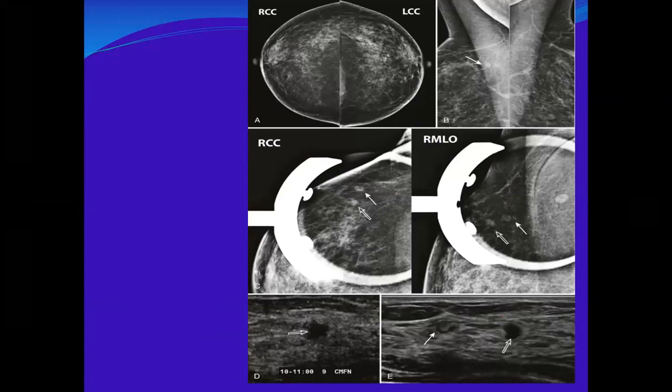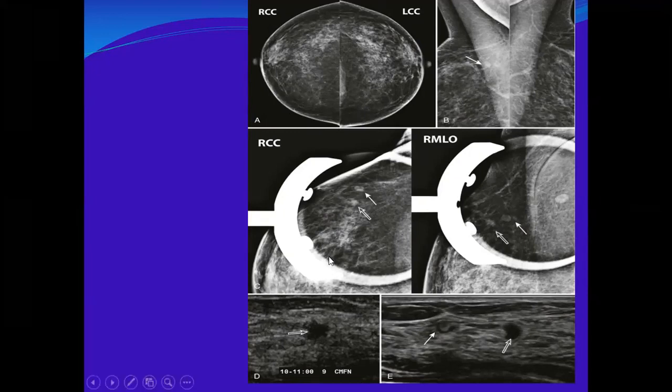Difficult to visualize in the CC view is the posterolateral breast toward the axillary tail, expected to be cut or non-visualized on the CC view. Being not visualized in the CC view doesn't exclude the lesion from being an asymmetry. It might be there.